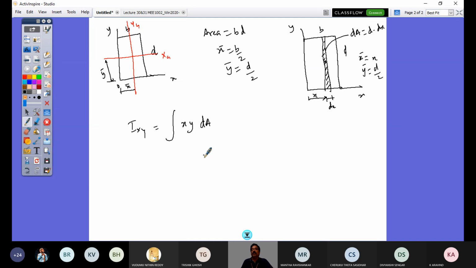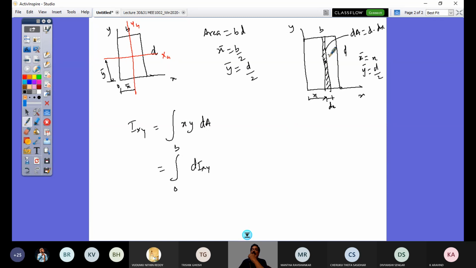Now, how do you get this? This is integral dIxy. So whatever I have for my element's product of inertia, if I integrate that over this distance, 0 to b, I would get my product of inertia. That is the meaning. So I can have xy dA, or I can have it like that. So in this, xy dA refers to the coordinates.